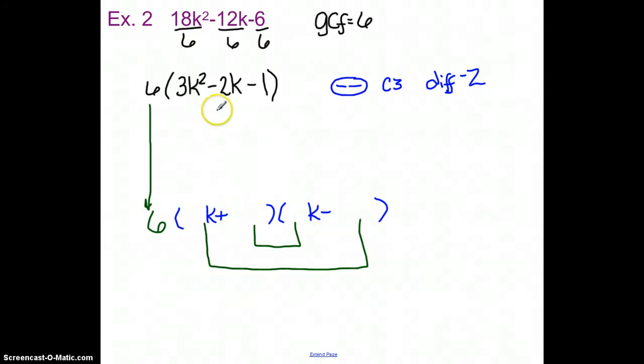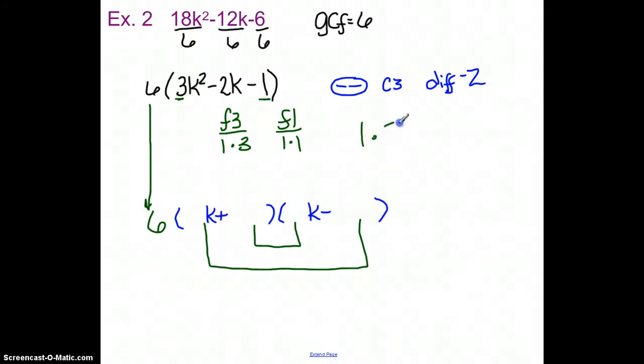And if I go back up here, the two numbers I'm going to factor are 3 and 1. Now the good thing is, because they're prime, they only have one pair apiece.